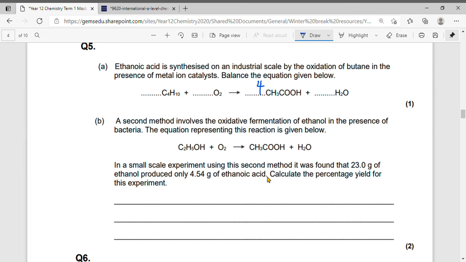So that's 12 plus 4 is 16H. That doesn't really balance. Let's add, let's say this. Five oxygen.